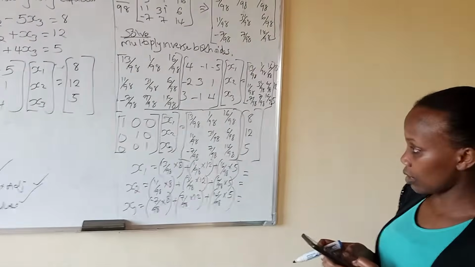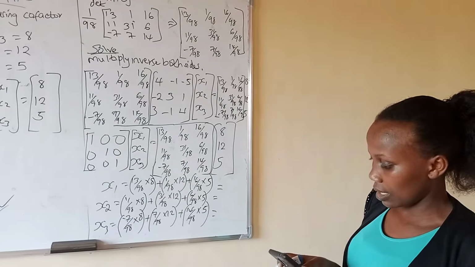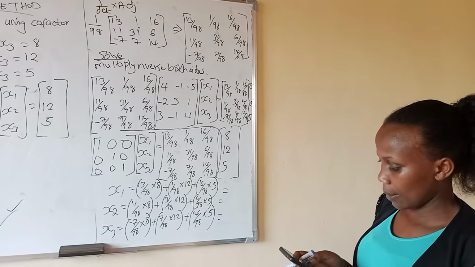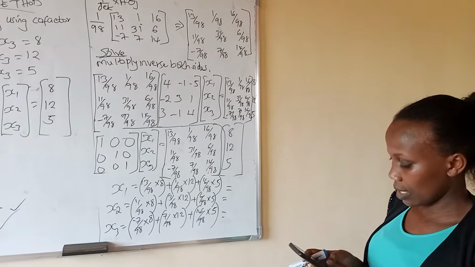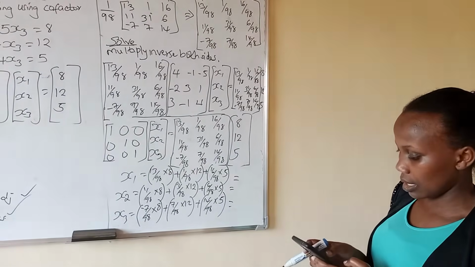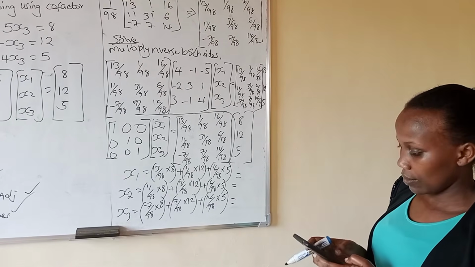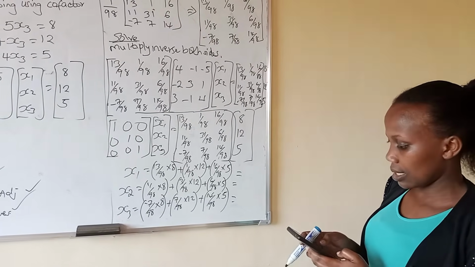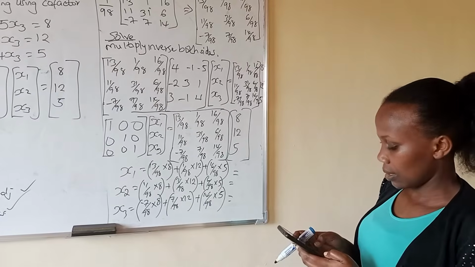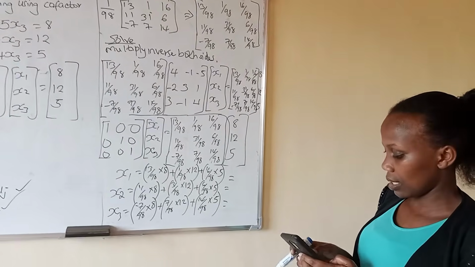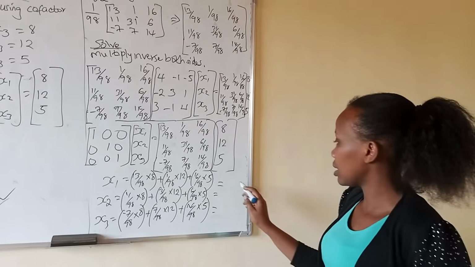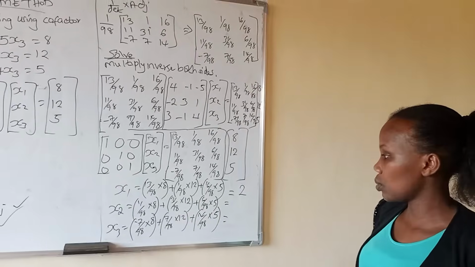So to get the value of x1, 13 over 98 times 8, plus 1 divided by 98 times 12, plus 16 over 98 times 5, you're going to get the value of x1 as 2.